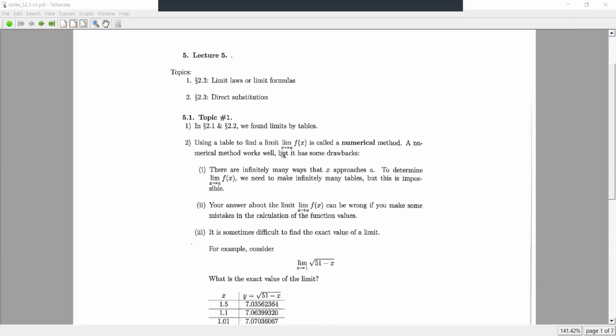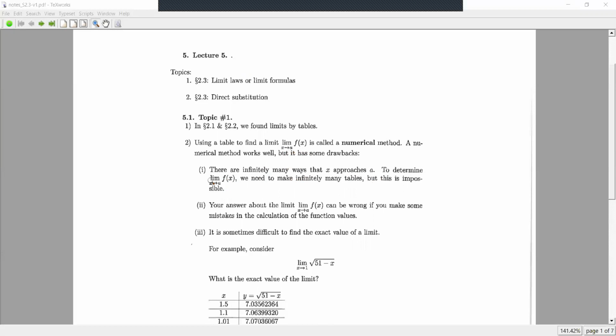Convention 2, as x approaches a, no matter how x approaches a, function f should approach the same number. Otherwise, we say that function f approaches nothing, or the limit doesn't exist. There are infinitely many ways that x approaches a.